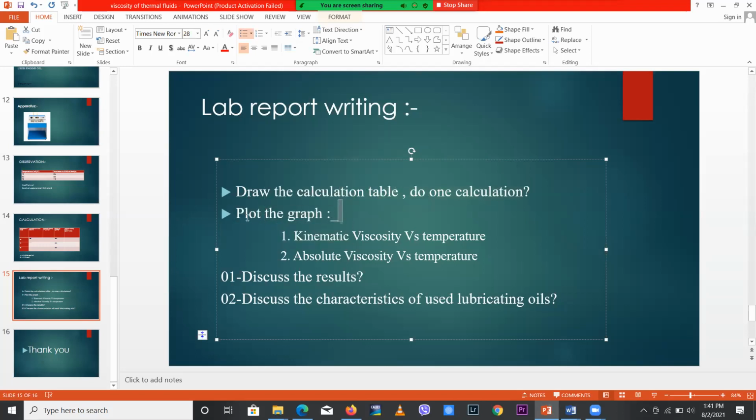Now, using that table, you have to plot two graphs, and you have to discuss the results, right? You have to discuss what is happening when the temperature is changing. What is happening to the kinematic and absolute viscosity of the oil, right?